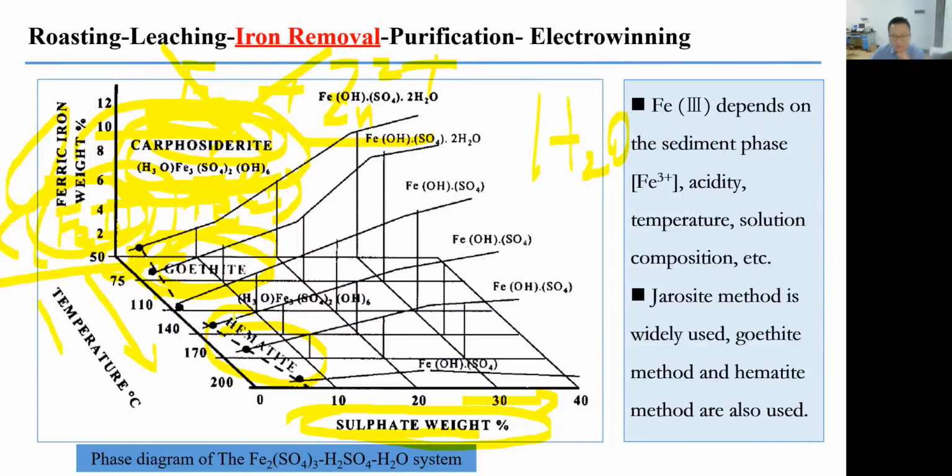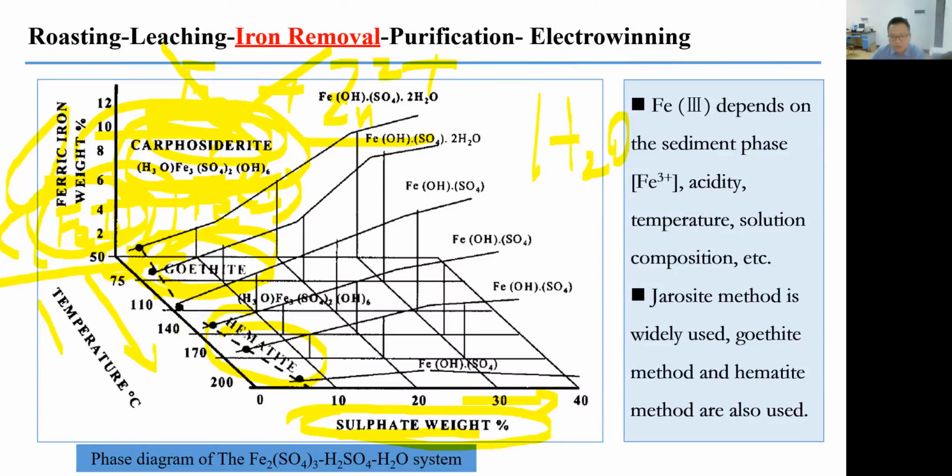The third one is hematite. If we are aiming at preparing hematite precipitation, we have to use autoclaves, because the temperature is higher than 100 degrees C, and also the ferric ion concentration should be well controlled.